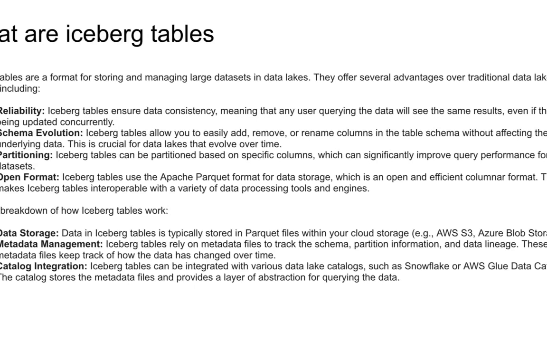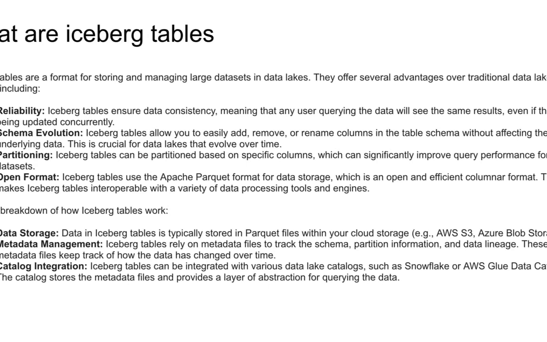This is crucial for data lakes that evolve over time. And we can even have partitioning on the Iceberg tables. So we can take a specific column on which we can partition, and open format. Iceberg tables use Apache Parquet format for data storage, which is an open and efficient columnar format.